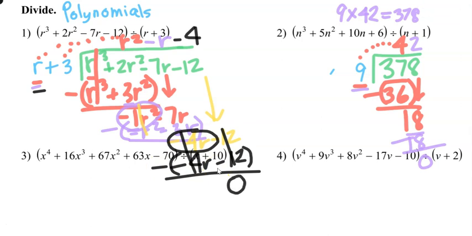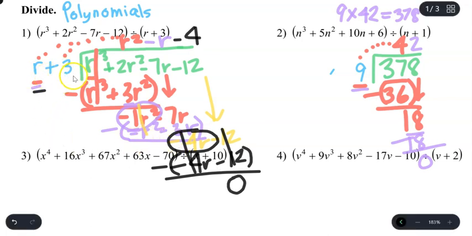When you get a remainder of 0, that means that whatever you divided by, the r plus 3, is indeed a factor of this big expression. If you get a remainder, that means what you're dividing by is not a factor of what you were dividing. Because in order for this to be a factor of this expression, this has to divide completely perfect.